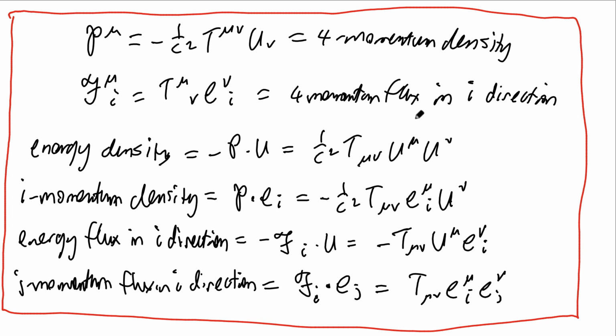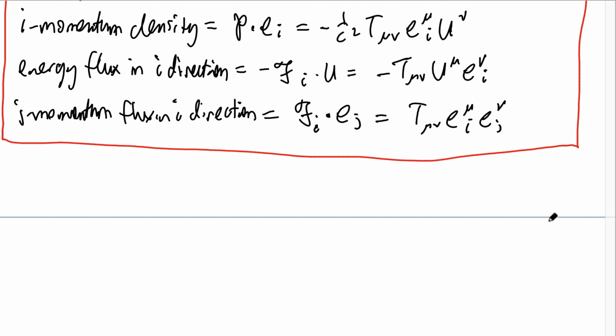Now all of these results are valid in any coordinate system, but they're especially simple if our observer uses Fermi normal coordinates. Recall that Fermi normal coordinates are defined by an observer traveling along a geodesic.